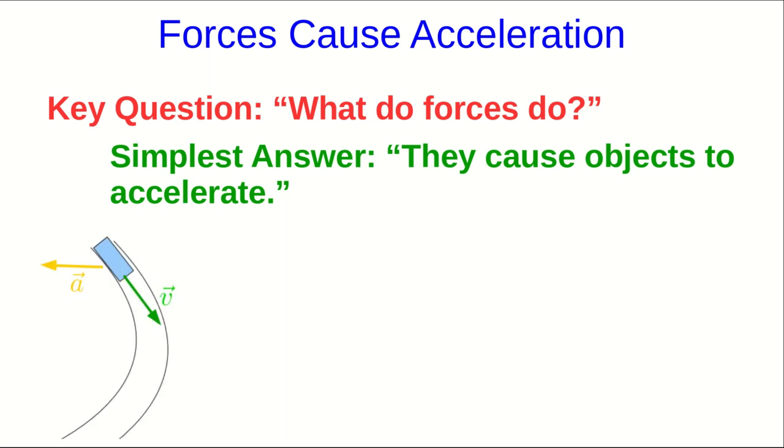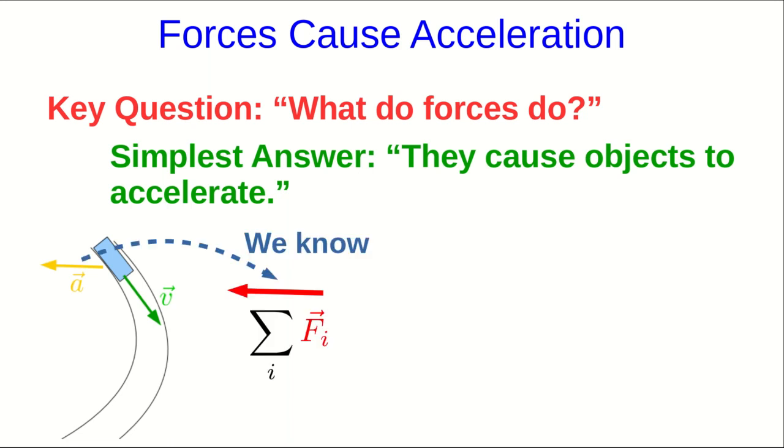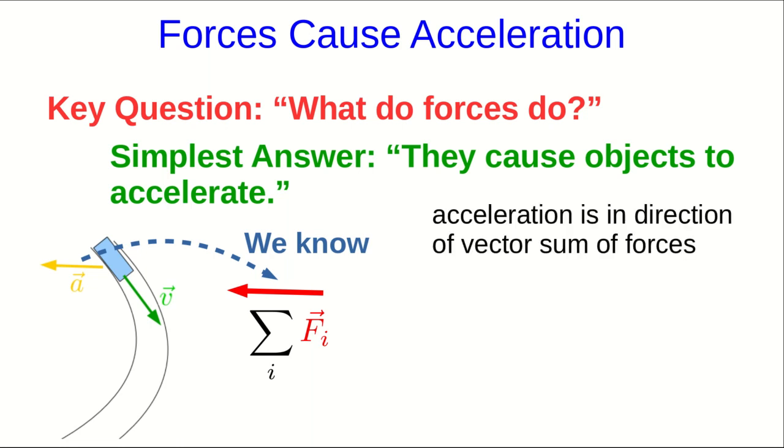Let's think about a car going around a corner, and let's say we've made detailed measurements on its velocity, and we know which way the acceleration is at this instant from analyzing the motion. Then we can conclude that the vector sum of forces points in the same direction as the acceleration, because the acceleration is always in the direction of the vector sum of forces.